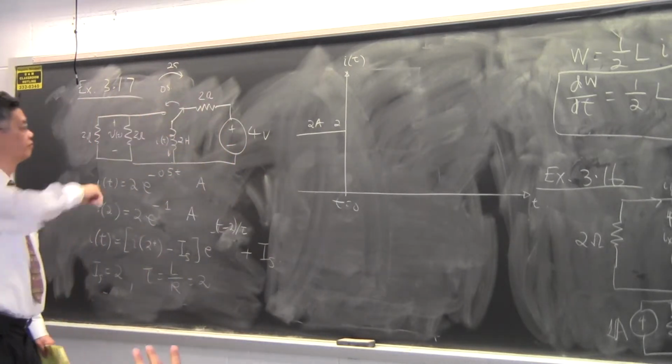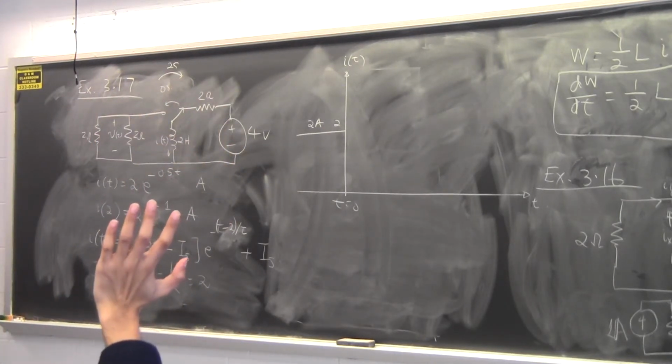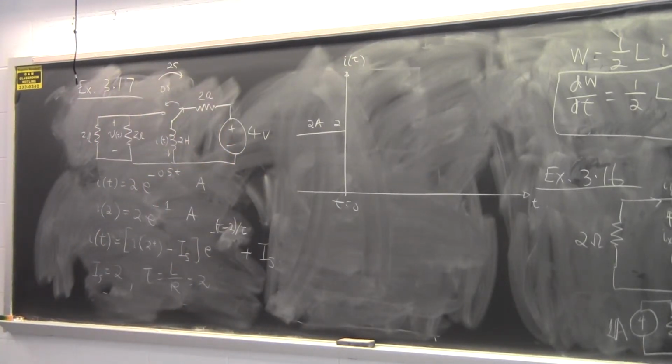Okay. Yes? After you switch the switch over at t equals 2, should R change back to 2 amps? So shouldn't L be just 1? Or should it? Let me see. If I switch it back, then my time constant changes actually.